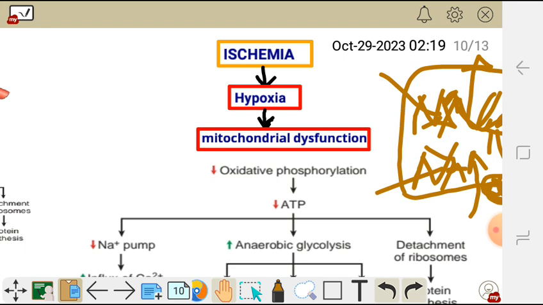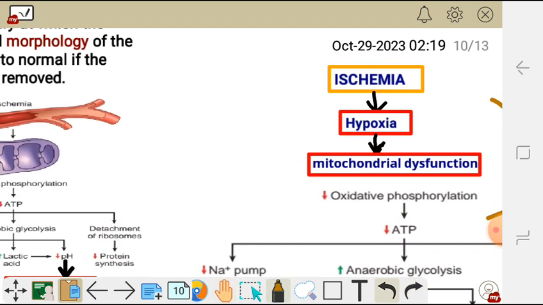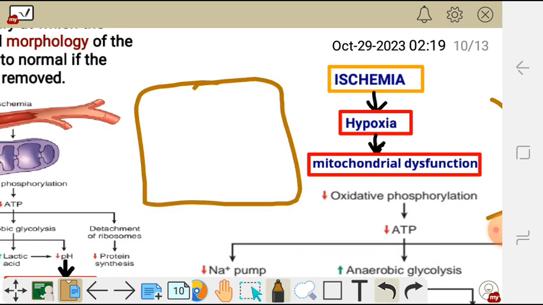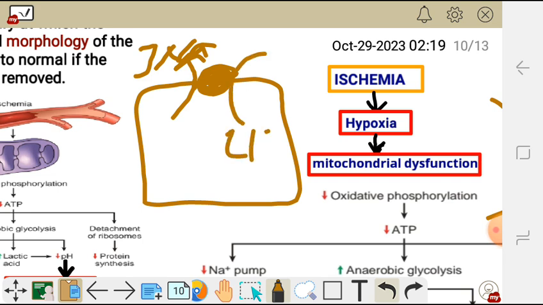But before that, this sodium-potassium pump is on all cells. What it does is remove 3 sodium ions for every 2 potassium ions.